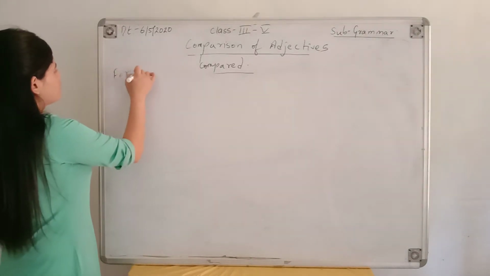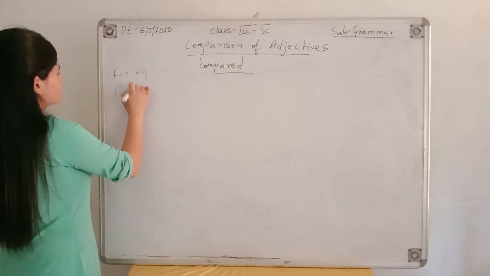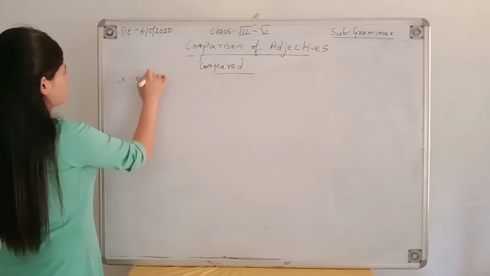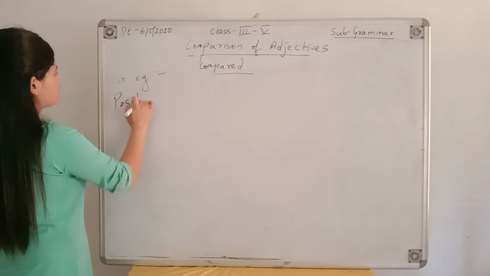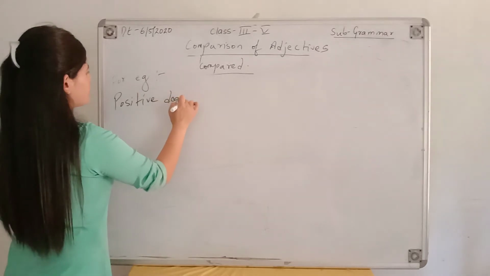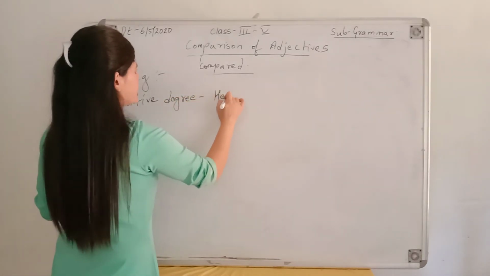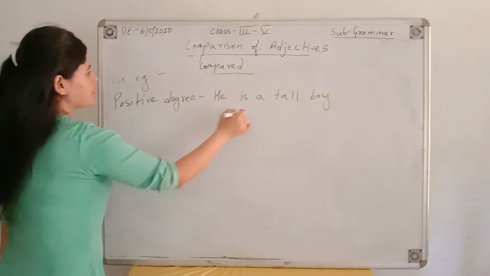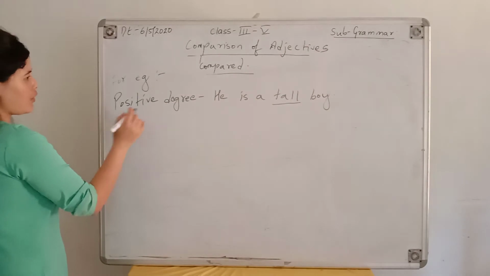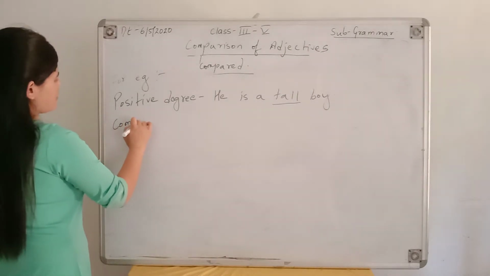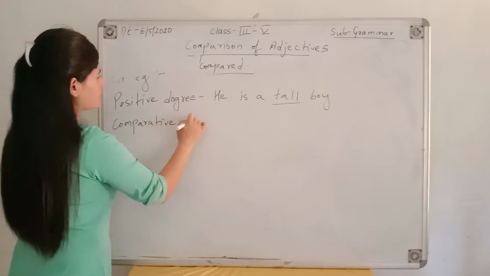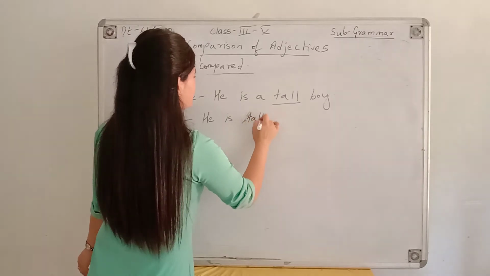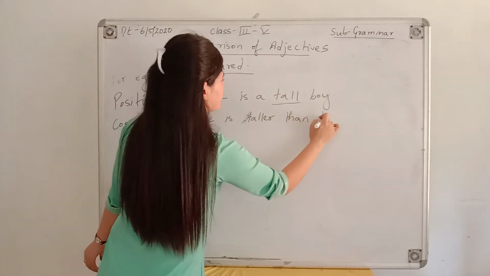For example, for positive degree: He is a tall boy. This tall is the beginning word for positive. In comparative degree, we can write it as: He is taller than him.